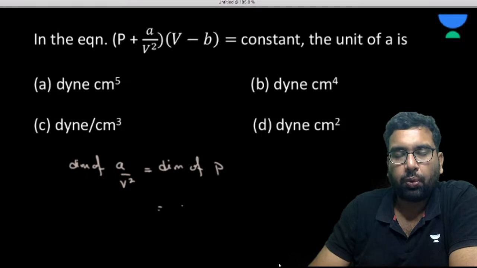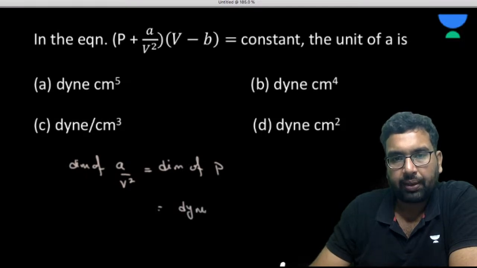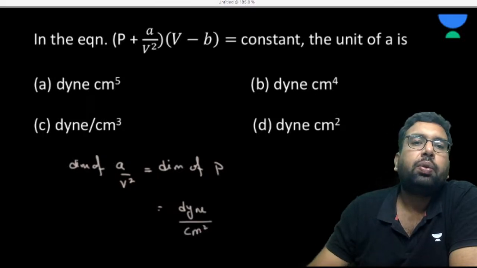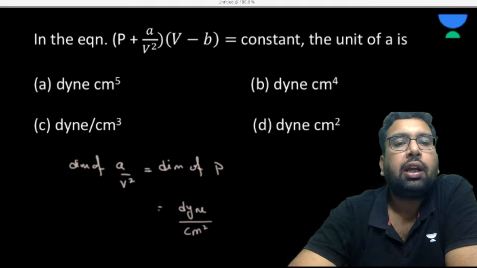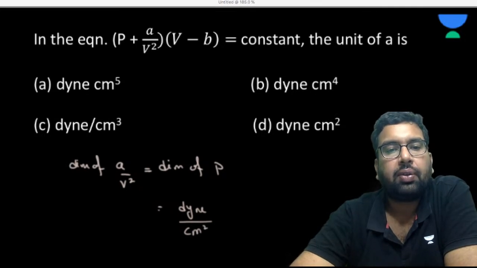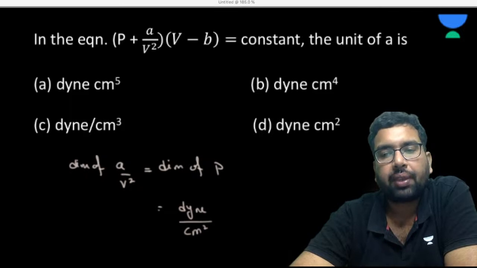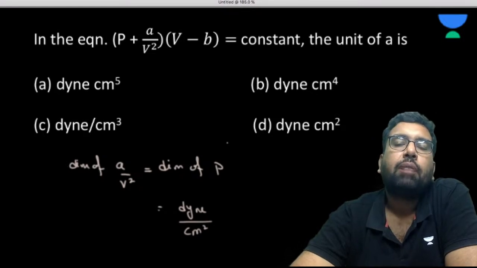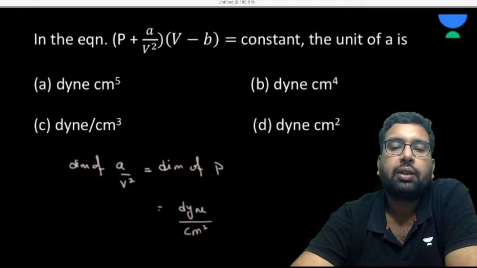So P is force upon area. So what is the unit of force, sir? The unit of force is dyne. Normally we see Newton, but dyne is also a unit of force. It is the CGS unit.